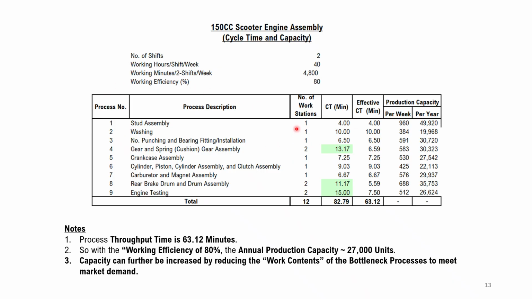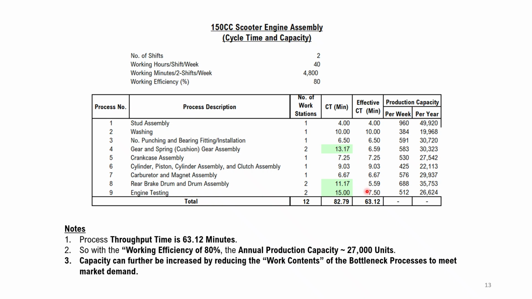Previously, in each process, we had one workstation. Now, in case of the bottleneck processes, if we increase the number of workstations from 1 to 2, the effective cycle time is reduced, as shown in this column.